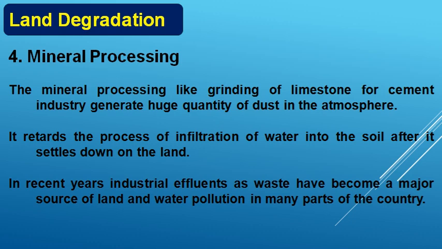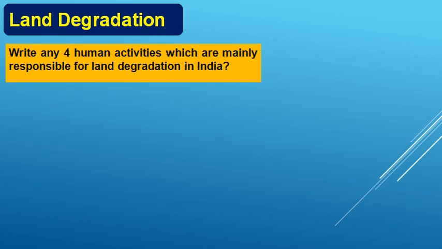Not only that, it settles on the agricultural land, and when it settles, it stops or reduces the process of infiltration of water into the soil, and so creates difficulties in agriculture. And then in recent years, even industrial liquid waste, that is effluents, have become a major source of land as well as water pollution in many parts of the country.